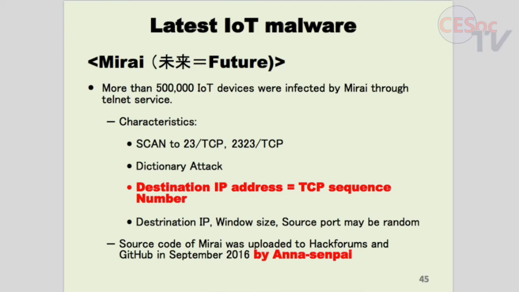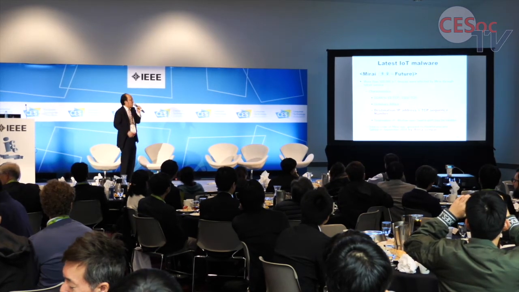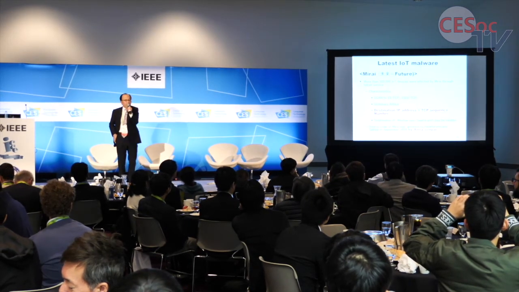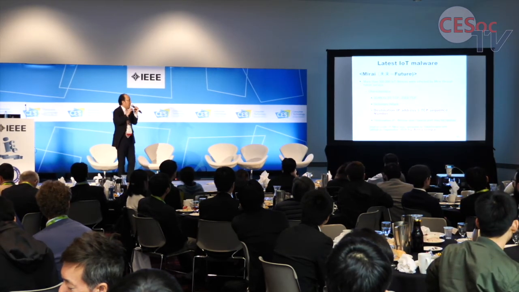And the characteristic is very, very simple. Scan to port 23 telnet and 2323 TCP, and using dictionary attack. And one very interesting characteristic: in the case of Mirai, the destination IP address is equivalent to the TCP sequence number in the case of scan or attack behavior.